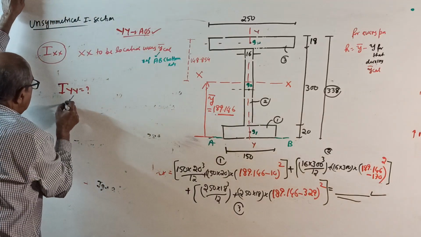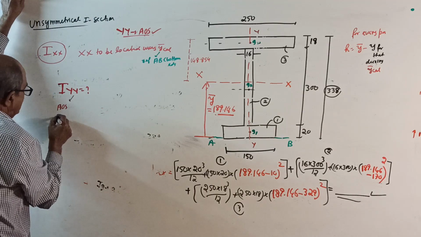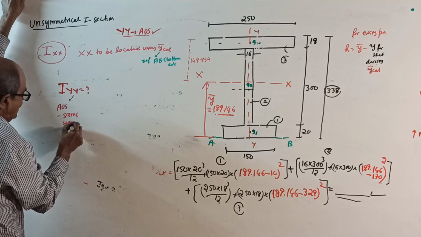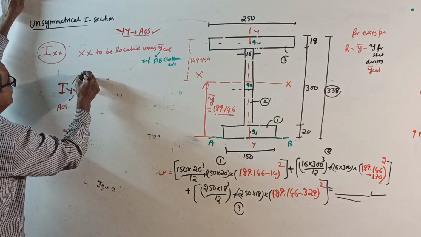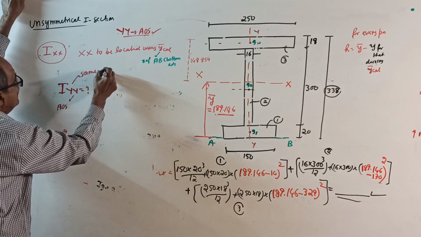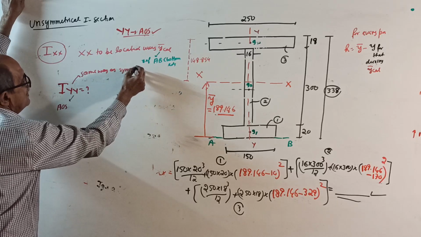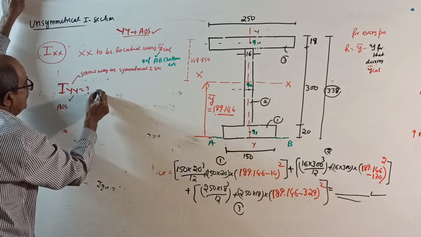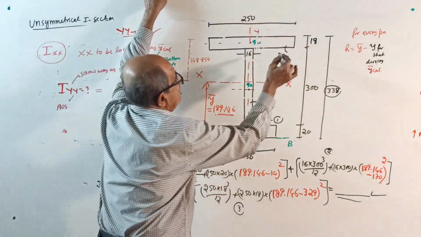Your yy is the axis of symmetry. Therefore, Iyy is the same way as a symmetrical I section. Last time, symmetrical I section. Therefore, Iyy equal to directly, see here, but into 2 you can't make.